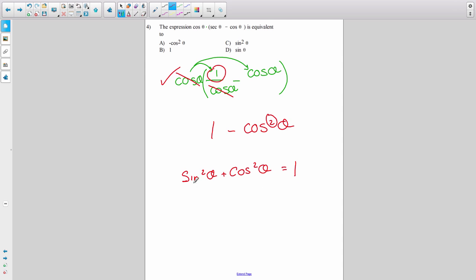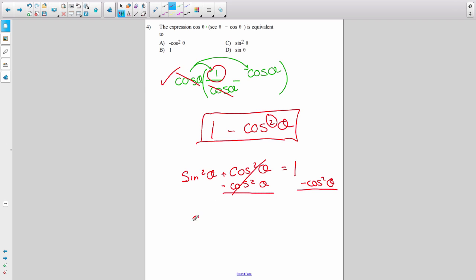So what I want to do now is just rearrange this Pythagorean identity to look like this, right? So I'm looking for a positive 1. It's right here. Now I'm looking for a negative cosine squared theta. So to do that, I can just move this 1 over. So let's subtract cosine squared theta from both sides. And now it will look exactly like you wanted it to. Sine squared theta equals 1 minus cosine squared theta.